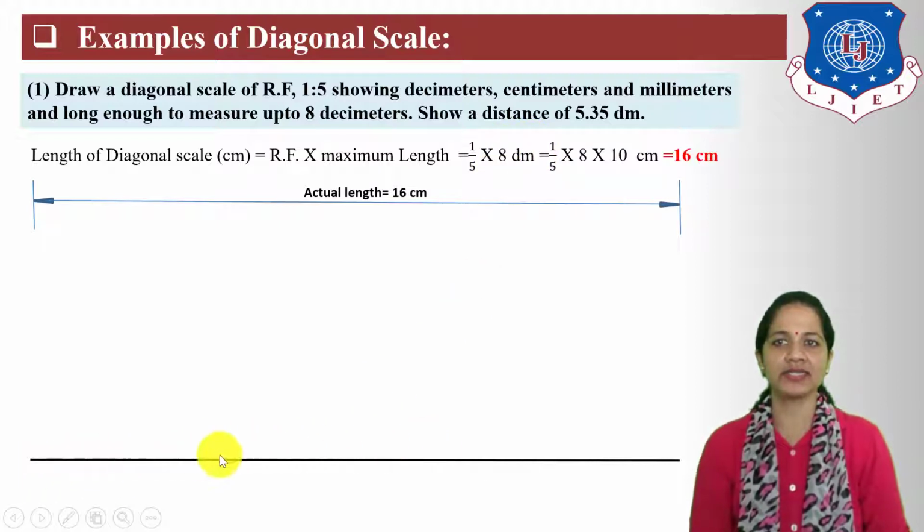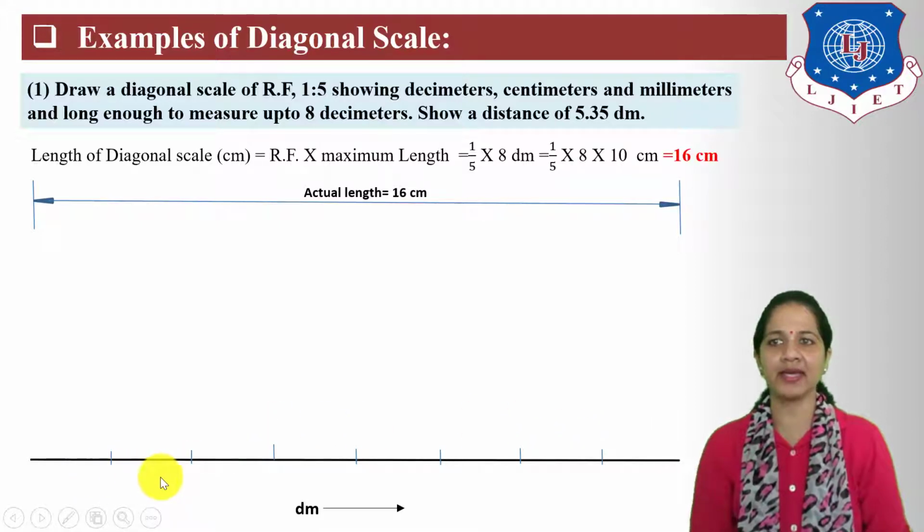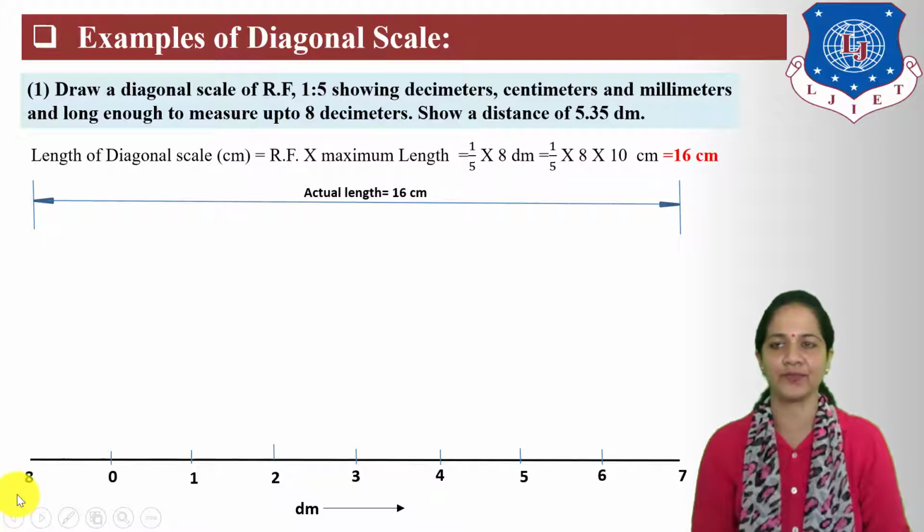So, this 16 centimeter line is divided into equal 8 parts. Mark here decimal points as 0, 1, 2, 3, 4, 5, 6, 7 and 8.